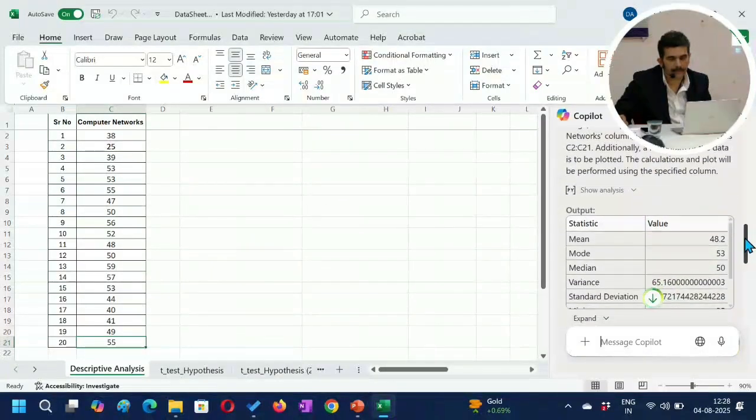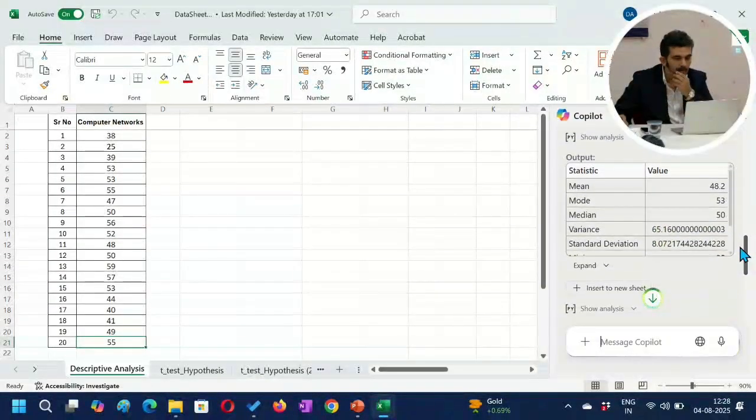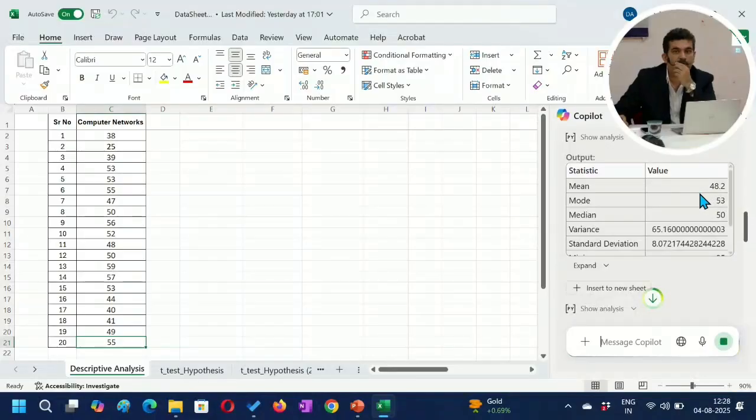You can see here Copilot has taken the complete data and values are available. Mean is 48.2. You just cross verify whether it is correct. Mode is 53, correct? Median is 50, right?